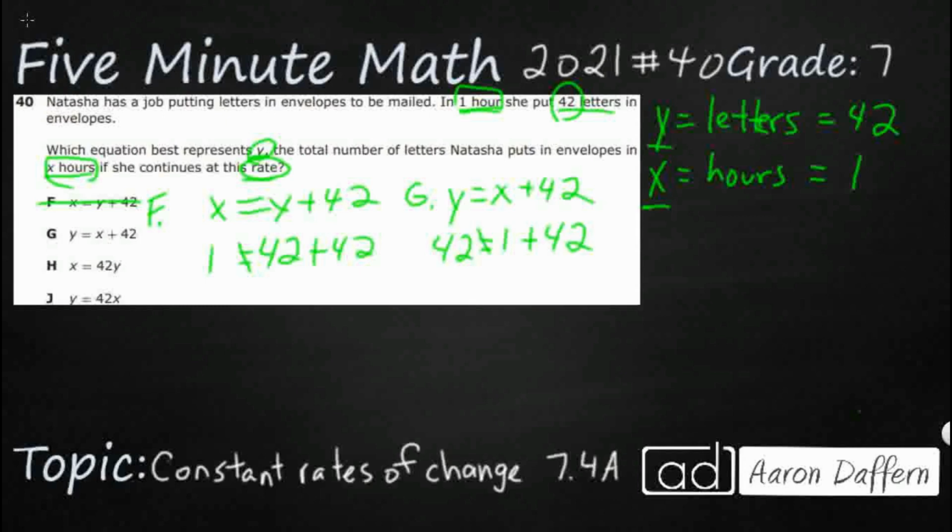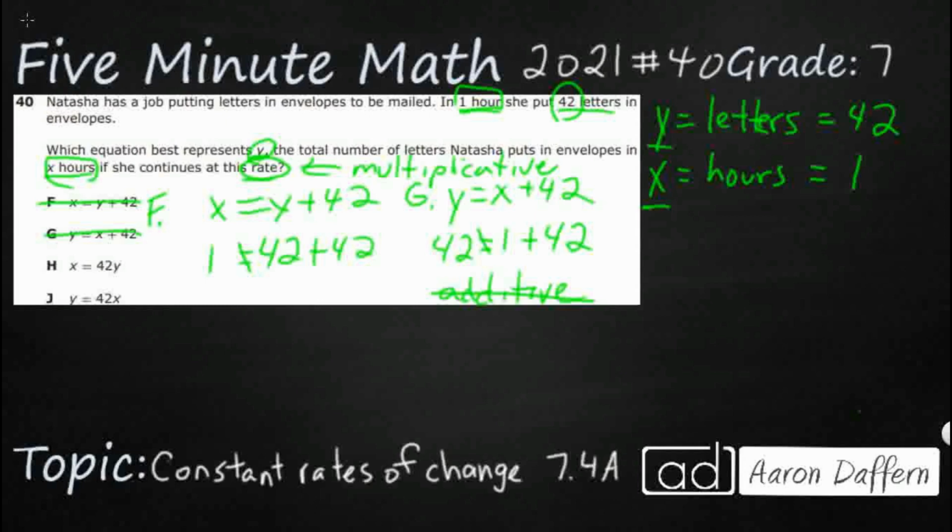But you notice there's really no other way that we could swap those variables, which means this is not an additive relationship. So that means we do not need to add. And typically when we're looking at rates, that's your first clue that it's going to be multiplicative. We're going to multiply.